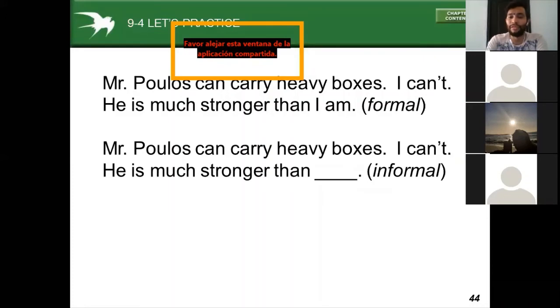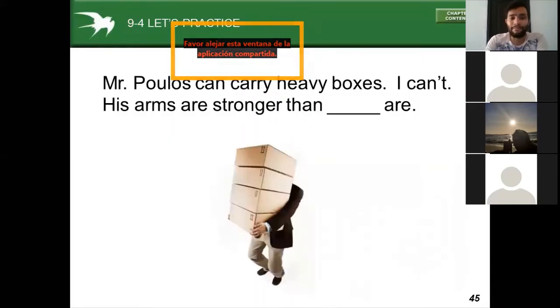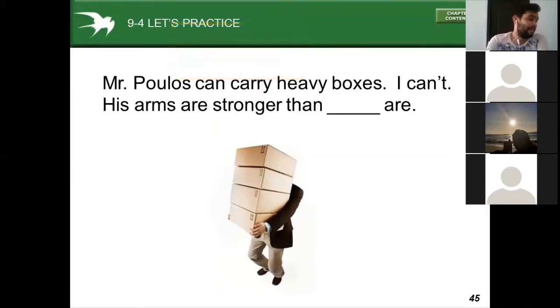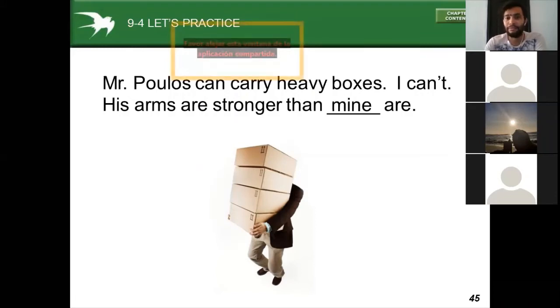He's much stronger than me. Me. Great. Mr. Paulus can carry heavy boxes. I can't. His arms are stronger than my arms. Than mine are, right? You can also say my arms are. Why not? It's also possible.